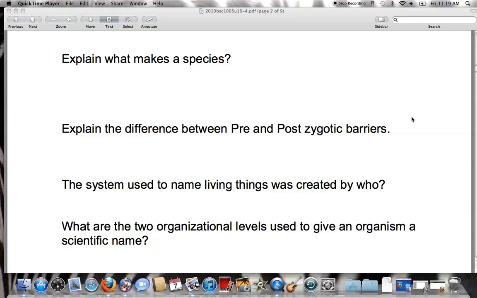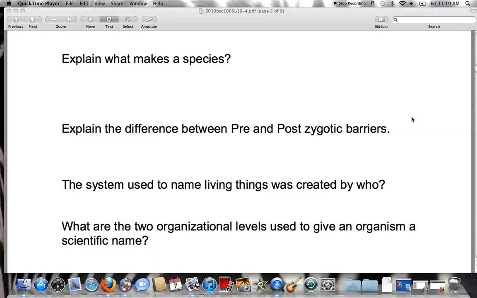Okay, so pre-zygotic means before the fertilization occurs, there are problems with fertilization. Either the organism does not have the correct equipment, or the behaviors of these two organisms do not attract each other, or these organisms live so far apart that they're never going to get together.